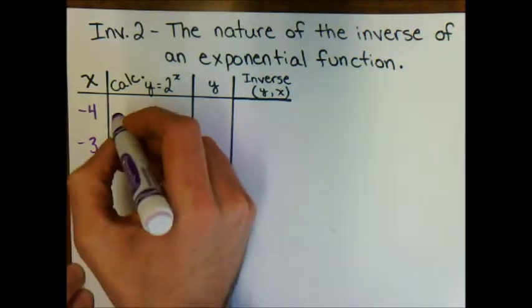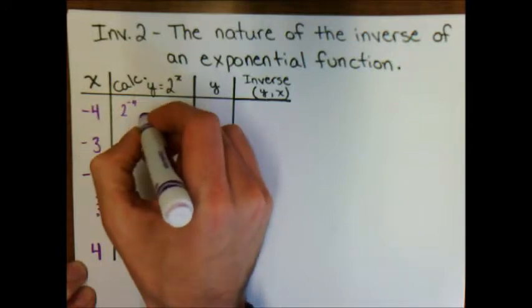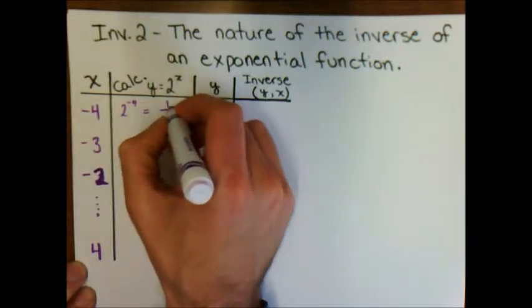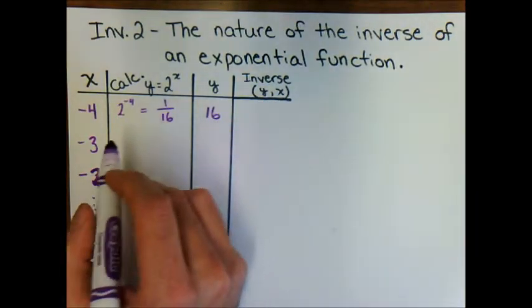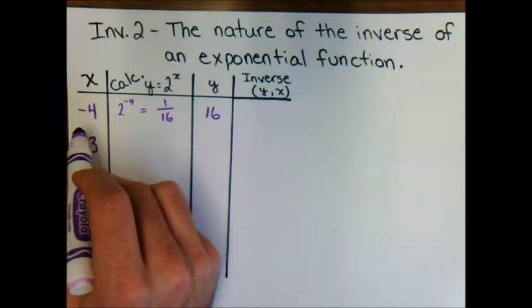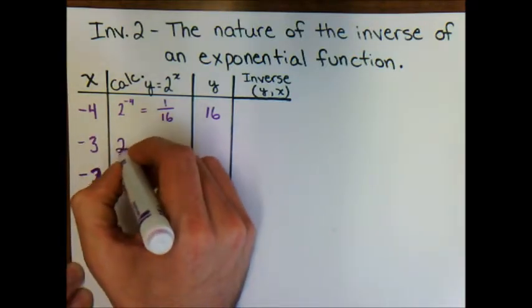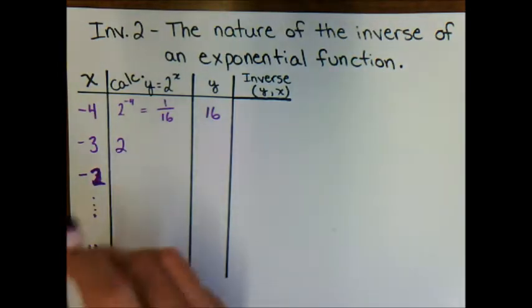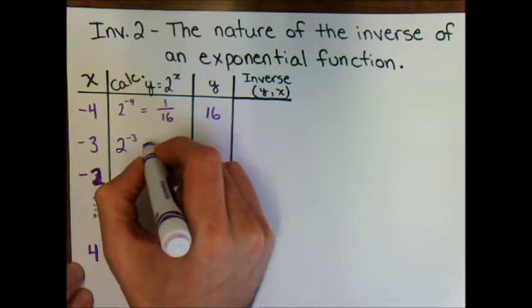So I want to find the value of y at these points. Well, 2 to the power of negative 4 is 1 over 16. Well, the y value here is 16. If we were going to plot the graph of y equals 2 to the power of x, it would run through the point negative 4, 16. Where are we when we plug in the value of x equals negative 3?